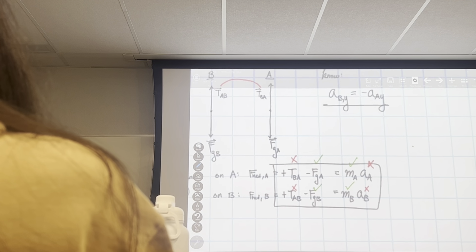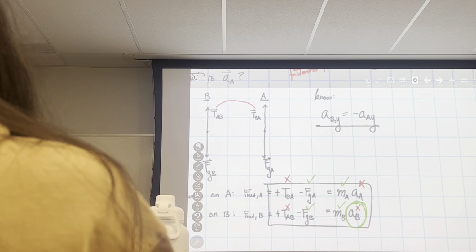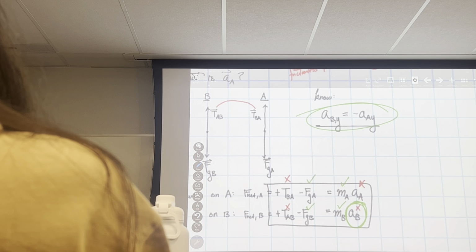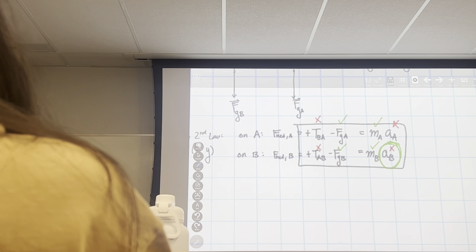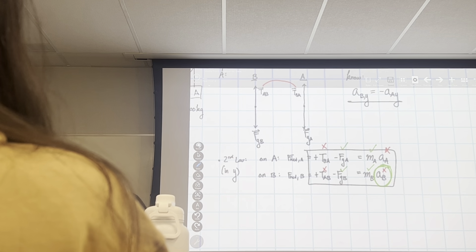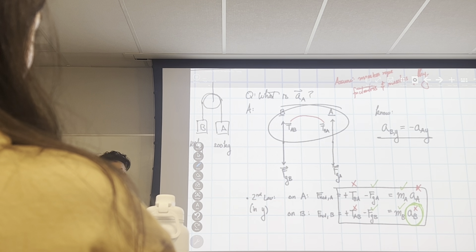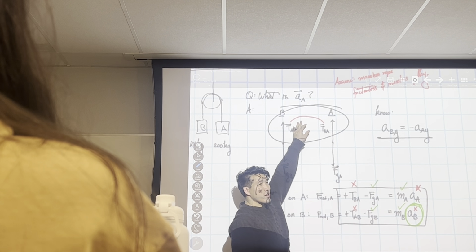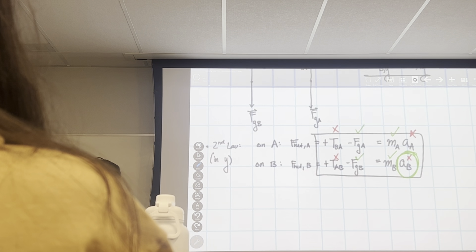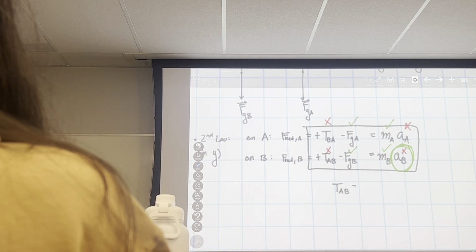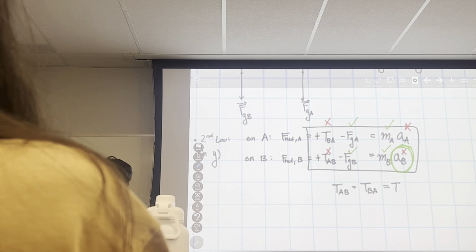So we have 4 unknowns, except the acceleration of B, we have a relationship to A. We also forgot to take into consideration that the 2 different tensions are Newton's third law pairs, meaning that their magnitudes are the same. We also have TAB is equal to TBA, and let's just call it a generic tension T.